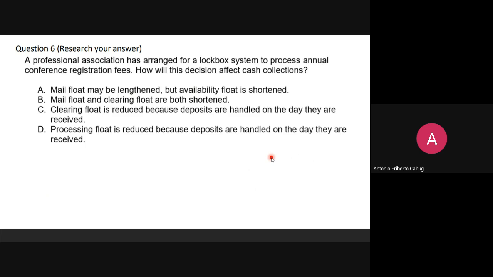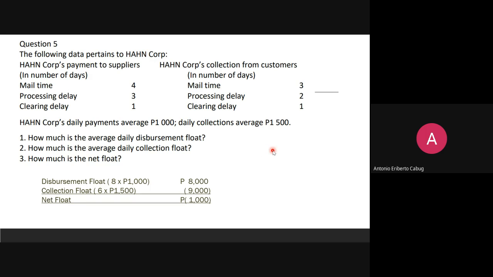Ipapadala lang sa post office box. Tapos, pagdating sa post office box, instead of the company processing it, yung bangko na agad yung magpa-process at i-deposit ka na agad, no? Ipa-credit na agad sa account. So, what we can do is to speed up mailing and processing using the lockbox system.